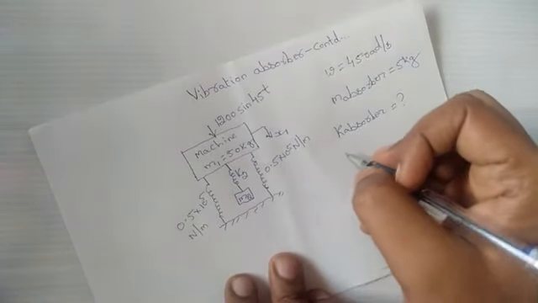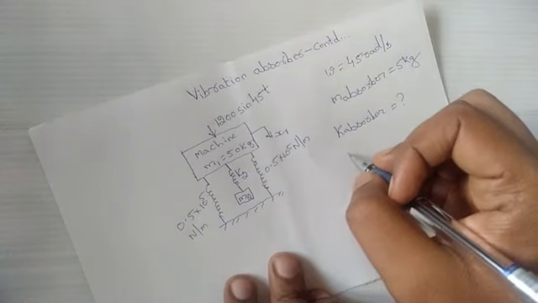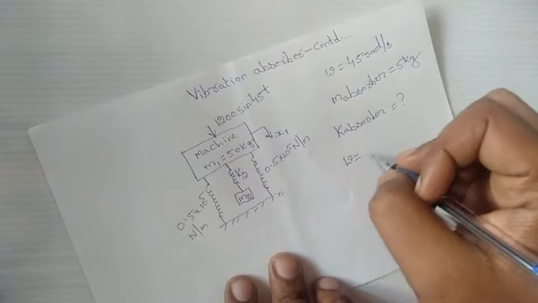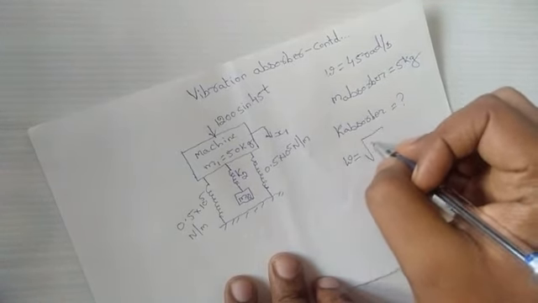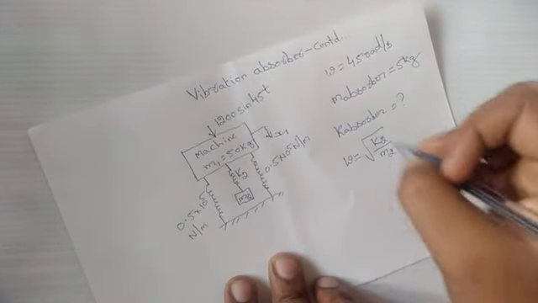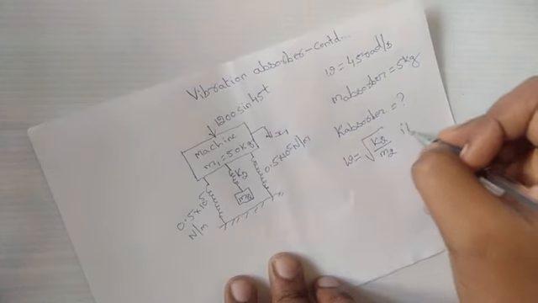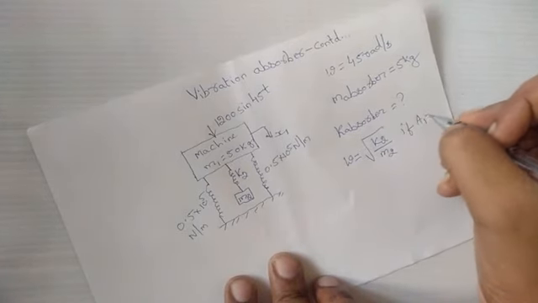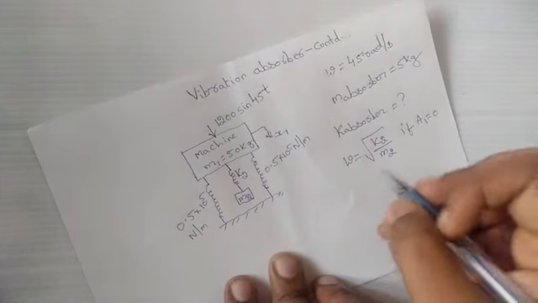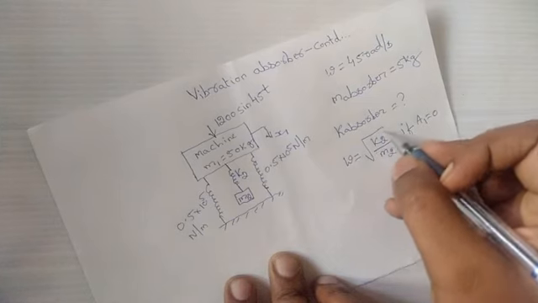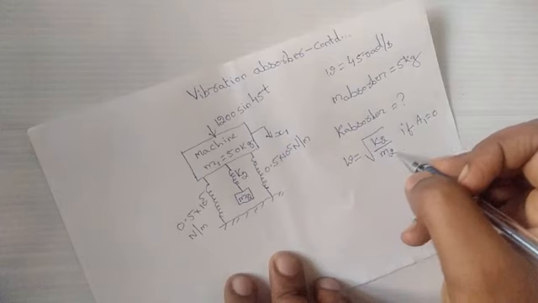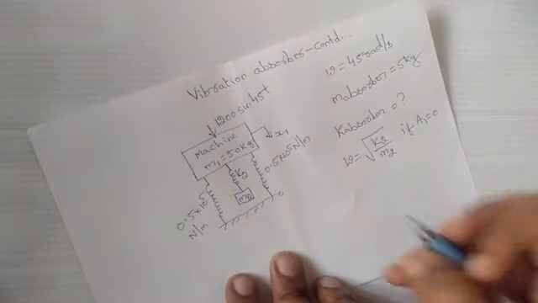We know from the last discussion that omega is equal to root of K2 by M2. This is to be satisfied if A1, that is the vibration of the machine, is to be 0. Then the forced frequency must be equal to the natural frequency of the absorber.